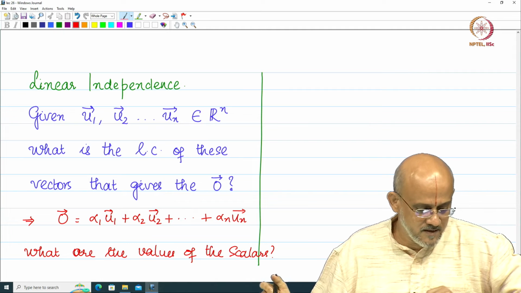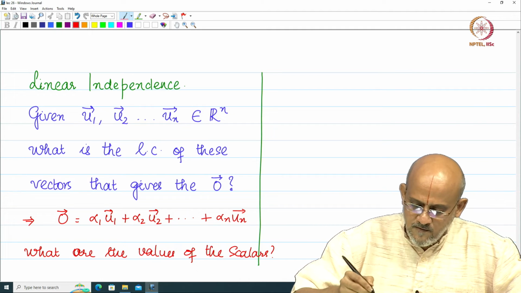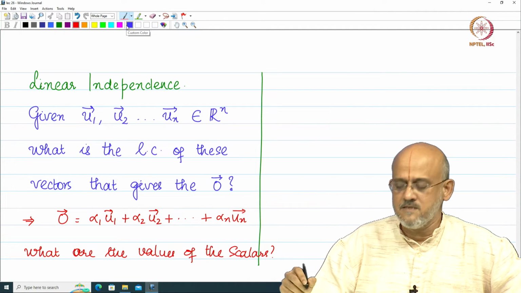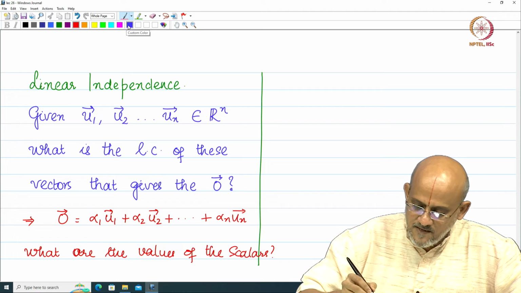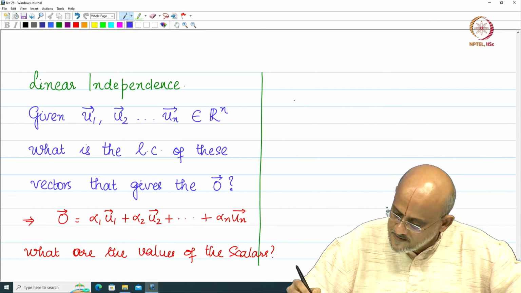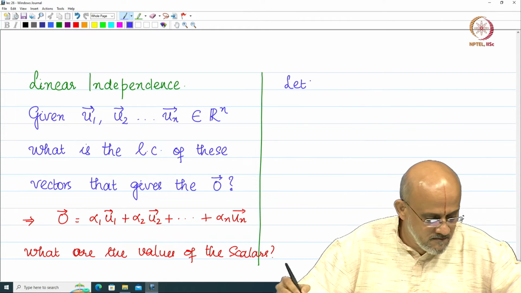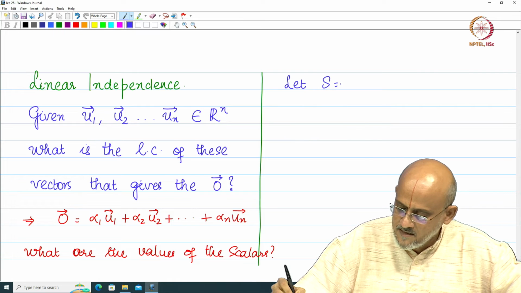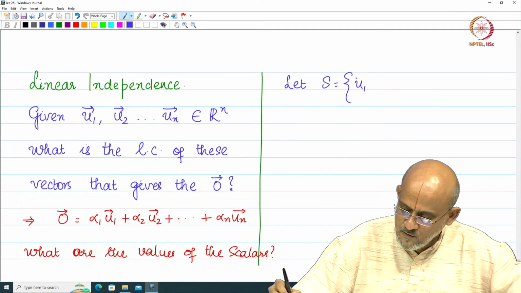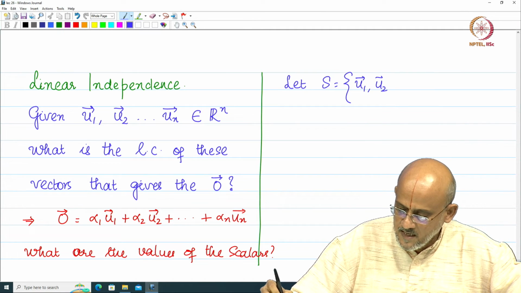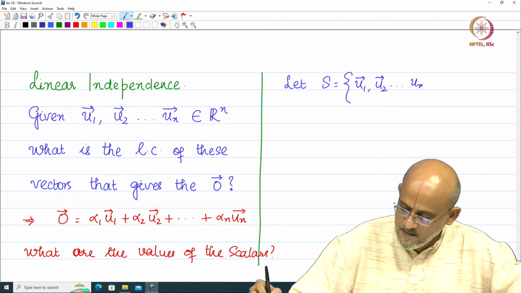Okay, let us look at this. We are going to look at the formal definition, and then let us get ahead. Let S be the set which contains these vectors, let us say u1, u2, etc., un.